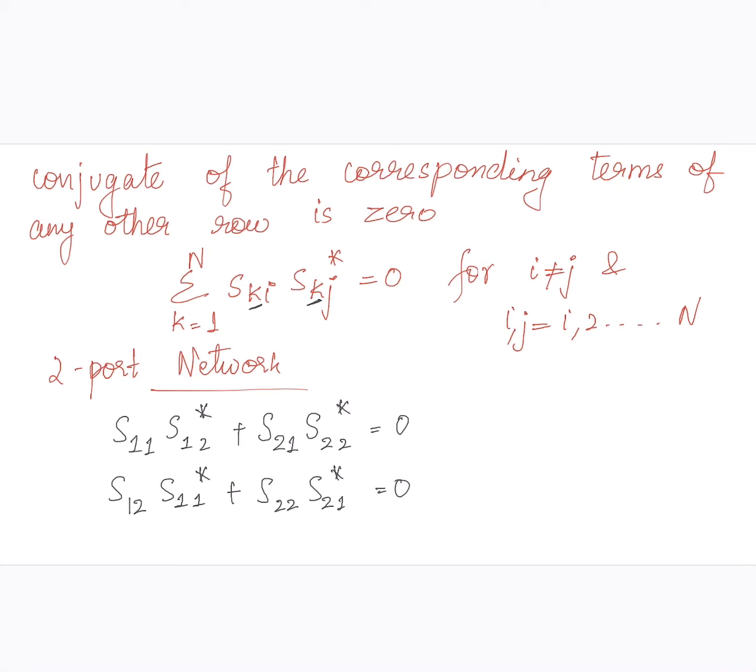So for a two-port network in general we can write this as S11 into S12 star plus S21 into S22 conjugate is equal to 0. Similarly S12 into S11 conjugate plus S22 into S21 conjugate is equal to 0.